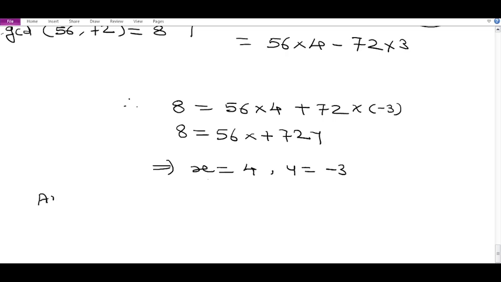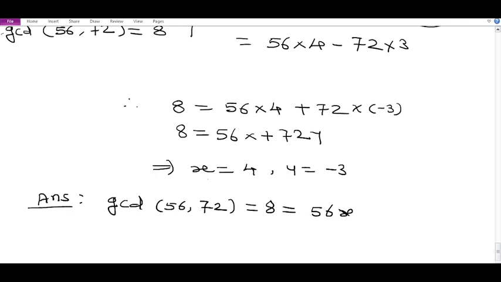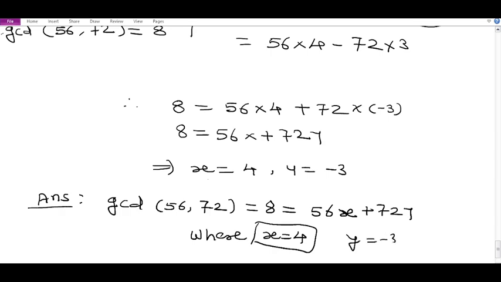So the answer here: the GCD of 56 and 72 is equal to 8, which can be written as 56x plus 72y, where x is equal to 4 and y is equal to minus 3.